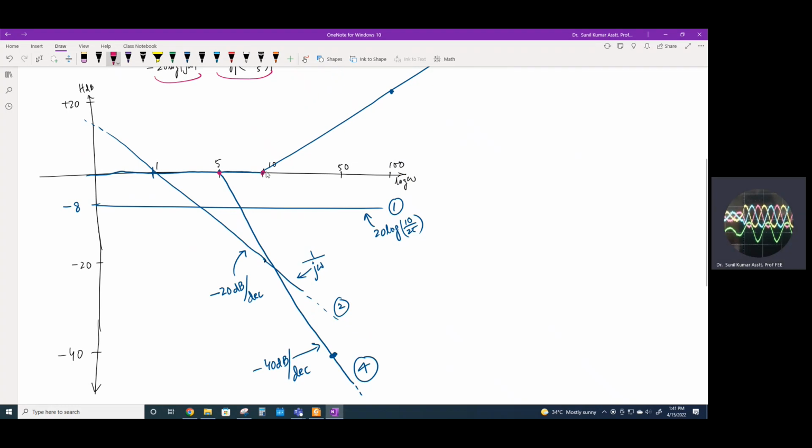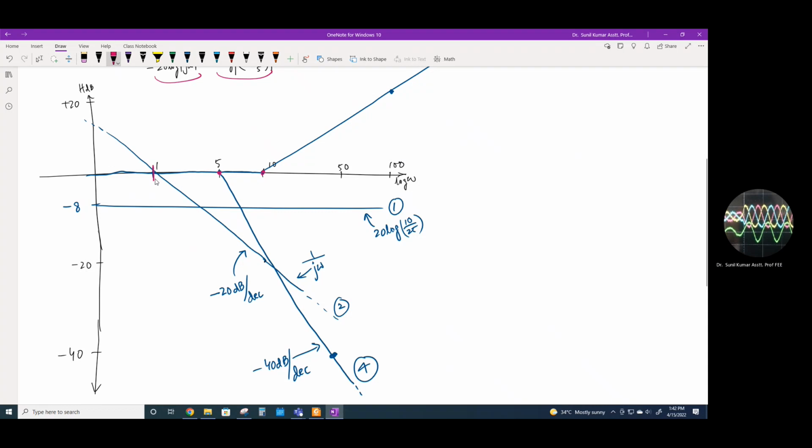At omega equals 10, we have a zero, and at omega equals 5, we have these repeated poles. And when omega is less than 5, I have this constant horizontal line, and this slope which is crossing omega equals 1.